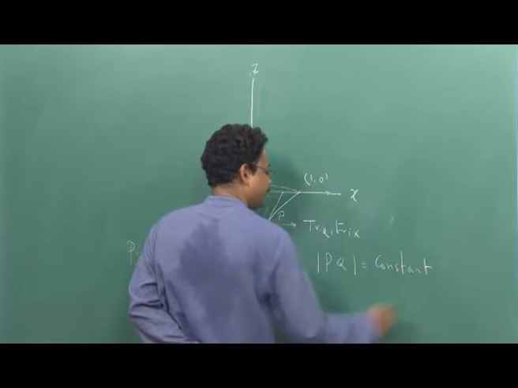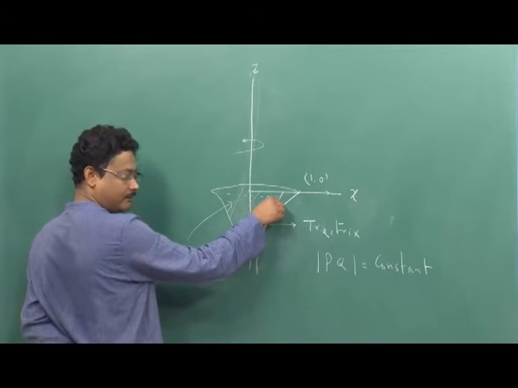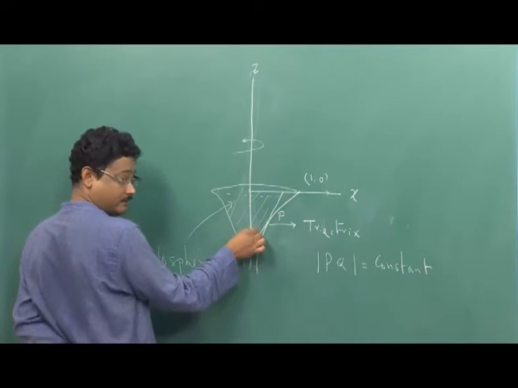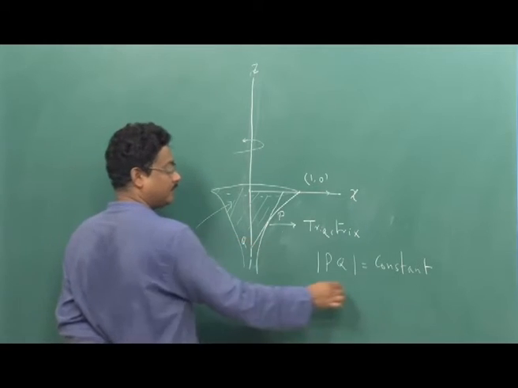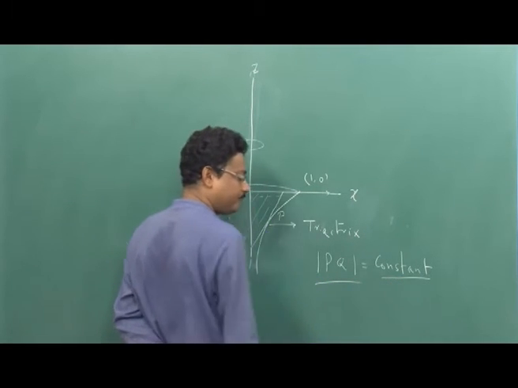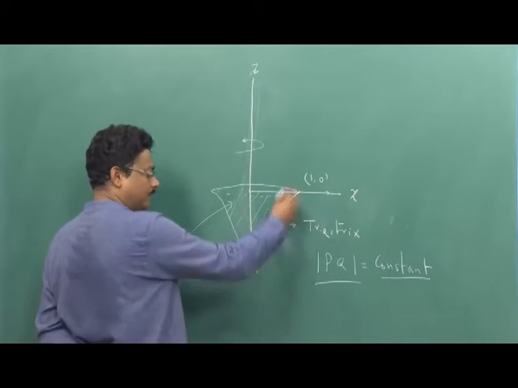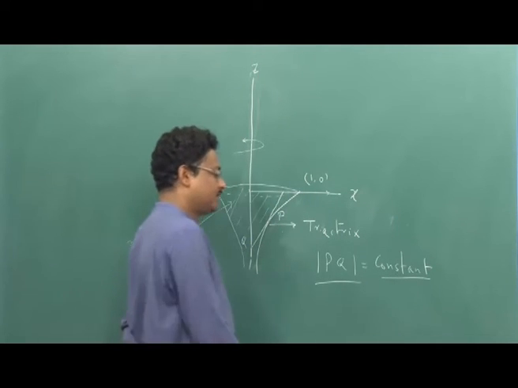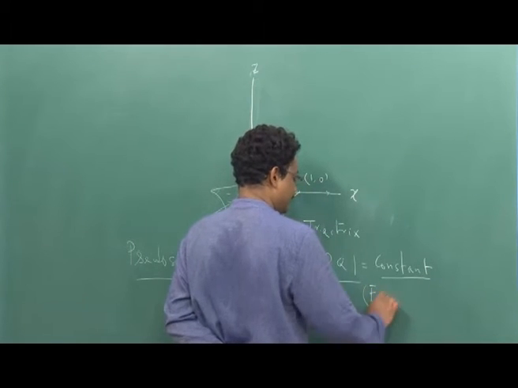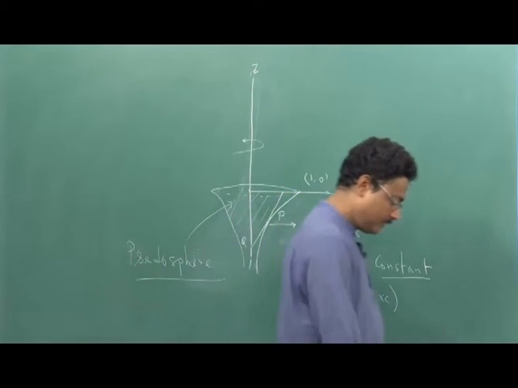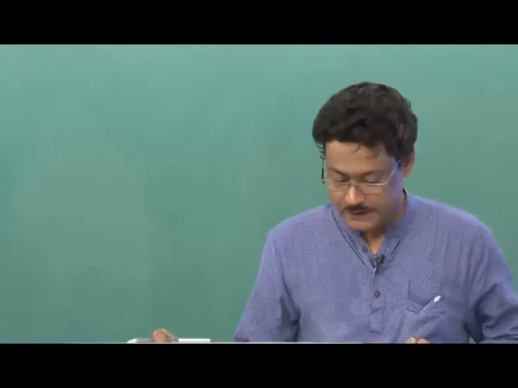What does it mean? Wherever you take your P and draw the tangent line, let it cut the z axis at some point Q, the length of PQ is always a constant. It does not depend on the parameterization of the curve. So, I put this as an exercise, a nice exercise to solve. The surface generated is the pseudosphere.